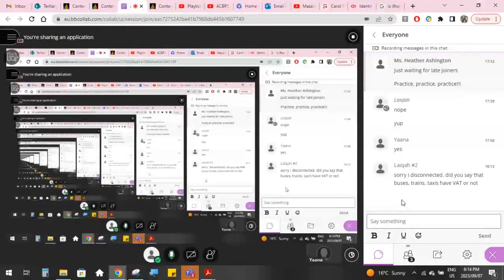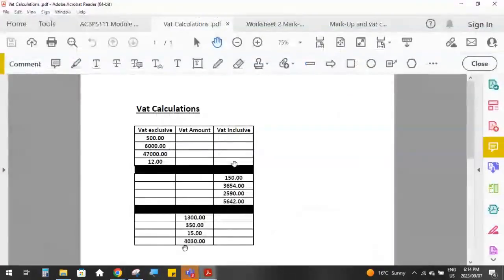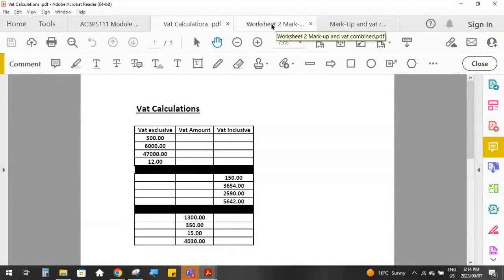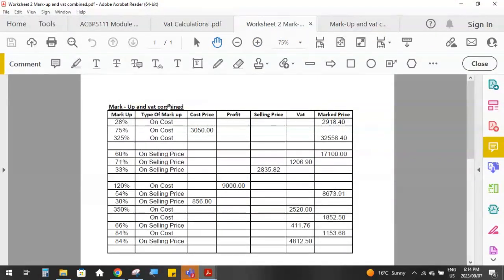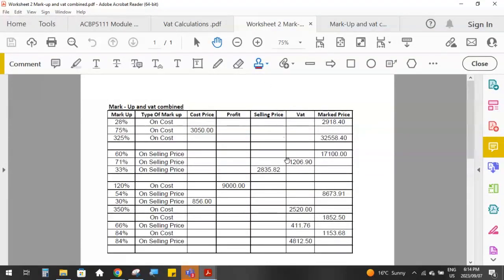So I'm going to stop there, and then the actual worksheets, if you just have a look here, I've got some worksheets here, this VAT calculations one. There is a worksheet here where we've got cost, price, and profit, and you've got to calculate all these missing amounts. And then I think I've got one other one as well. This worksheet, well, probably not that one because that's quite simple. We've basically done this already this evening. But this worksheet, I will do a separate recording and work through the calculations to work out all of these missing amounts.